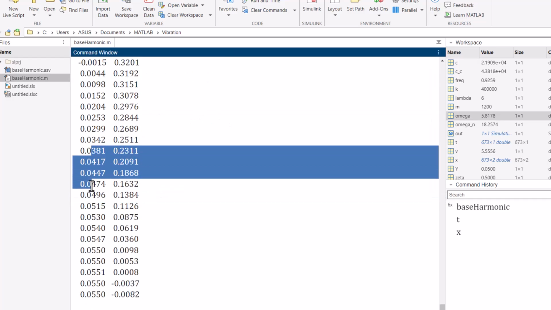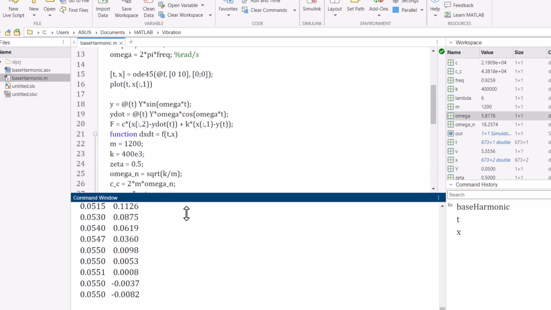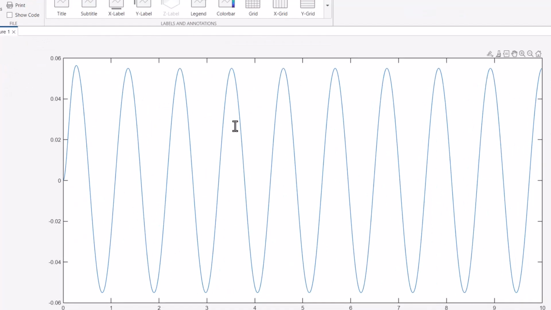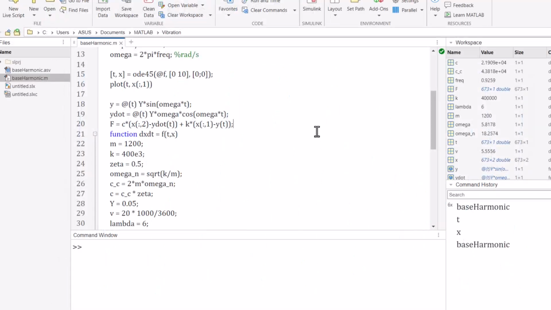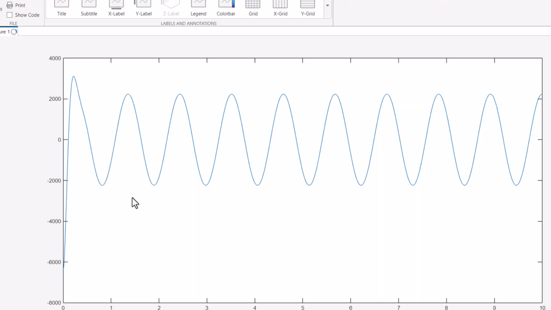The first column is the position, the second one is velocity. So these are basically x and x dot. So here, if I run, okay, I came up with no errors. Now if I plot t comma f, I run it here. So here I can have the force with respect to time.